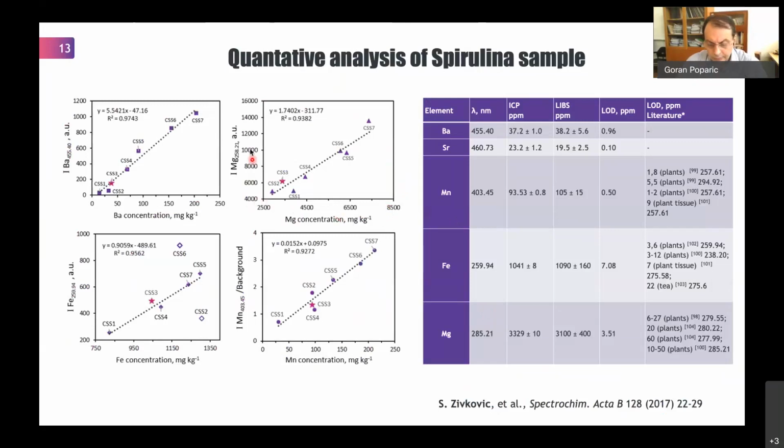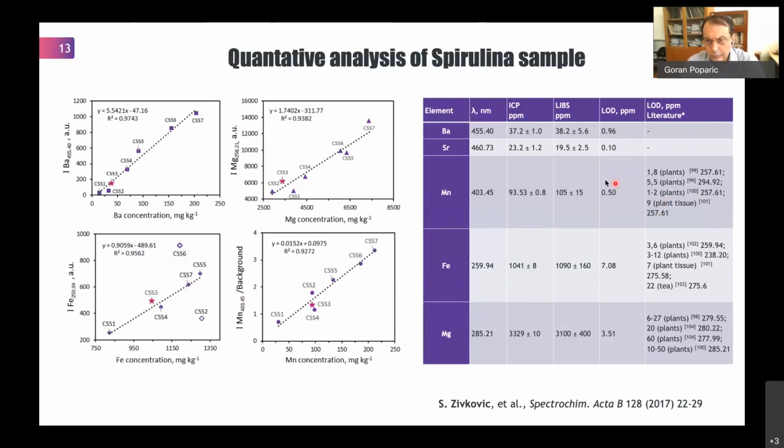We constructed calibration plots to see whether there is a linear dependency between intensity and concentration present in the sample. These calibration plots are used to determine concentrations in our first sample used for the qualitative analysis. And here in the table, we have summarized our results for the ICP-OES analysis, LIBS analysis, limits of detection of the LIBS analysis, and limits of detection reported in the literature.